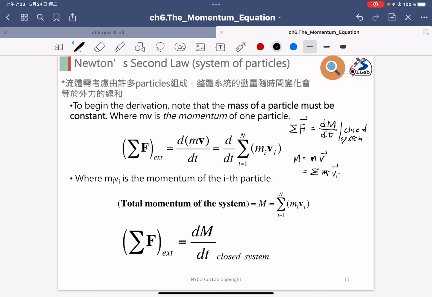So we call that the total momentum of the system. Okay, so the key knowledge is that the external force is related to the momentum change in the closed system.